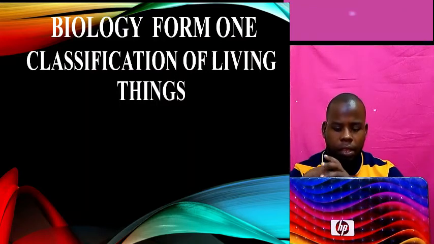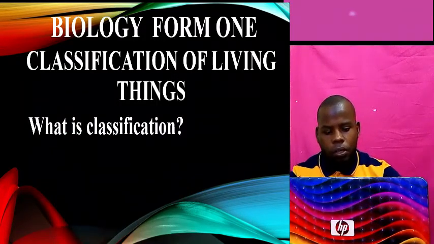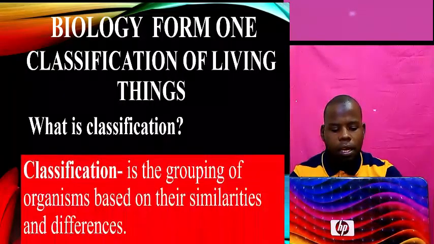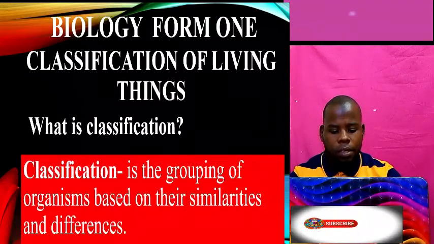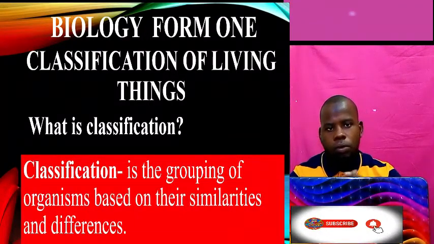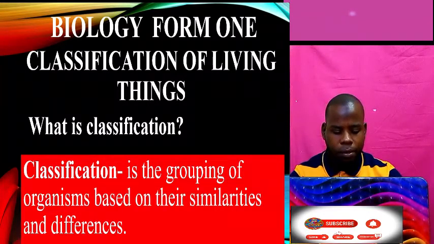Classification of living things. What is classification? That is a definition question. Classification is a grouping of organisms based on their similarities and differences. So we group according to their differences and similarities. That is how we can classify organisms.